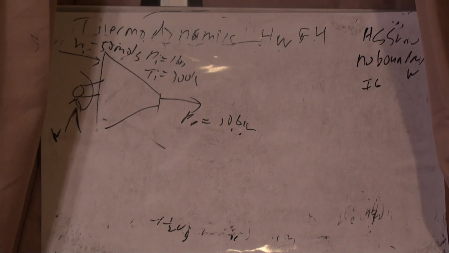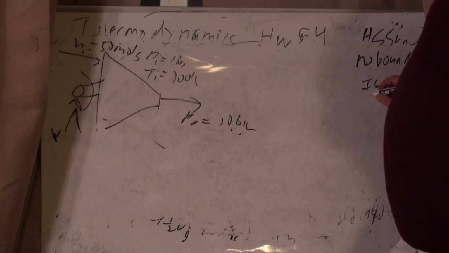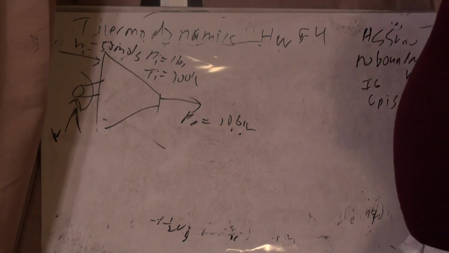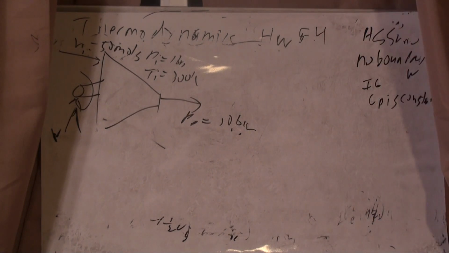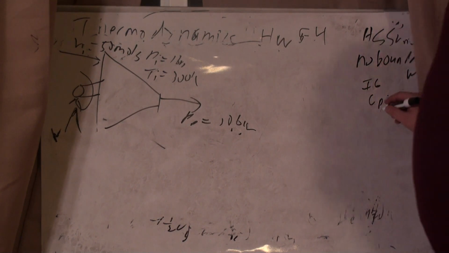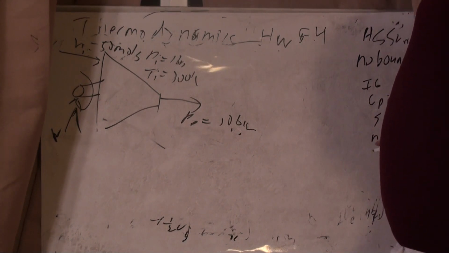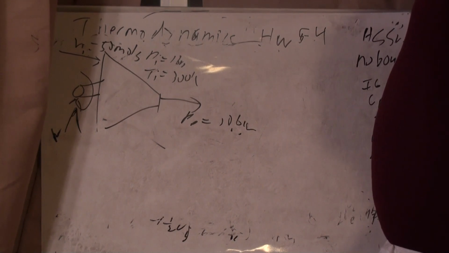For the sake of this problem, I'm going to assume the heat capacity is constant, at least for now, while I figure out which one would be better. It's not really going to change things, it's just going to make things simpler in my head. I'm going to assume it's steady state, and no leaks. I'm also going to assume that delta KE and delta PE are pretty much 0.